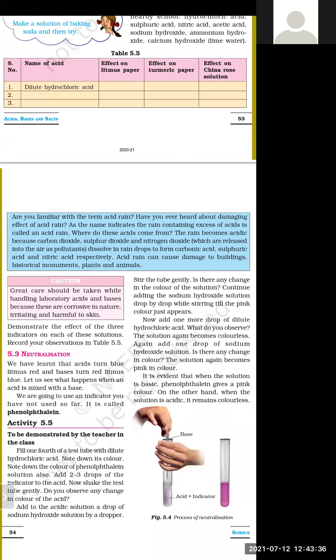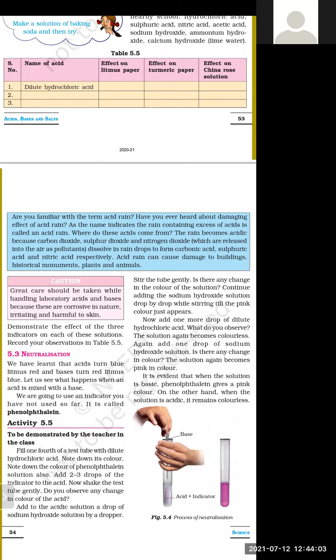So students, these are the three types of indicator, also known as natural indicators, because we are getting these indicators from natural substances. The first indicator we have discussed is litmus solution and litmus paper. The second indicator is turmeric indicator, and the third is China rose indicator.